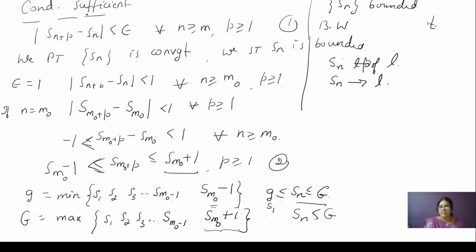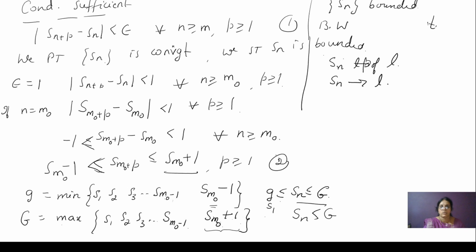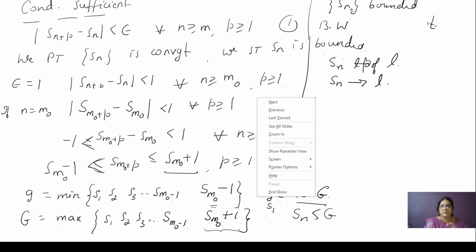To prove that the condition is sufficient, we have to show that if this condition is true, S_n is convergent. For that, it is not enough to show that it is bounded. We show that it is bounded and it has a unique limit point L, and that S_n converges to that limit point L. So for epsilon greater than 0, we use the condition that L is the limit point.